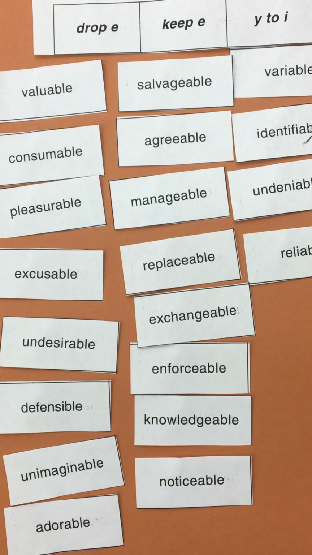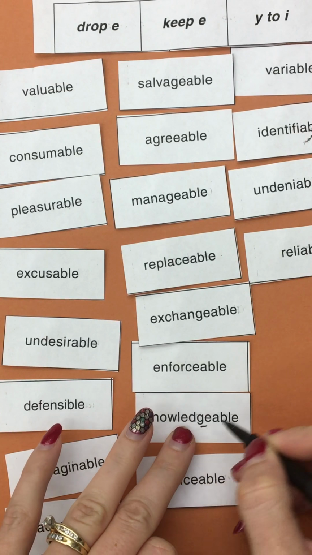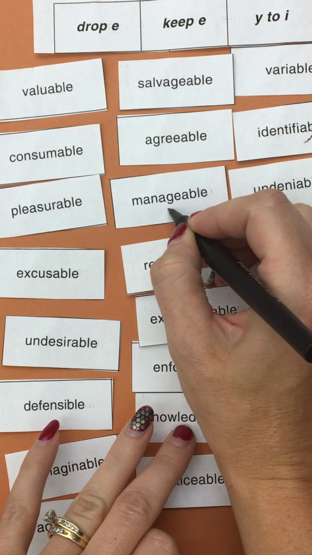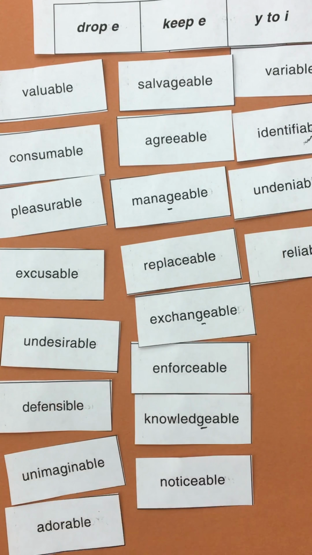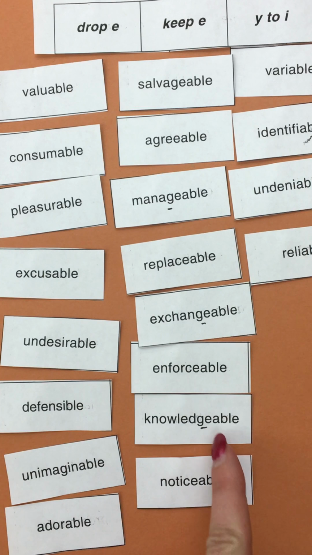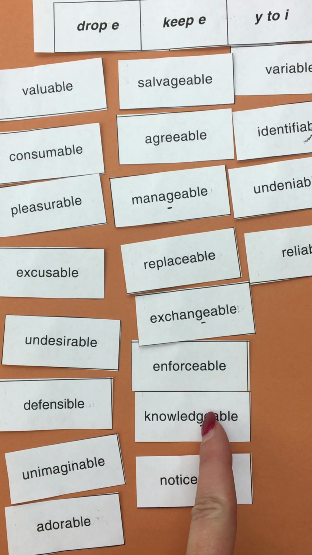And a lot of these words have a G. You see the G here? That G sound would change. It would become a hard sound. Imagine having it without the E there. Knowledgeable. Gubble, you wouldn't want that. So the E keeps it that soft, the soft G sound.